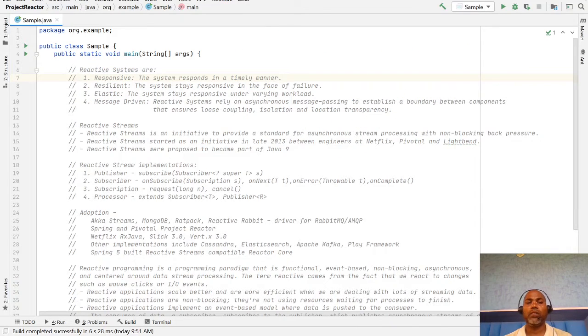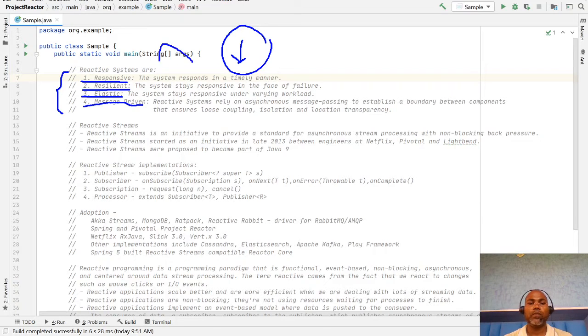So these are the four basic properties of any reactive system: it should be responsive, resilient, elastic, and message driven. These come directly from the reactive manifesto. As per the reactive manifesto, a reactive system should follow these properties.